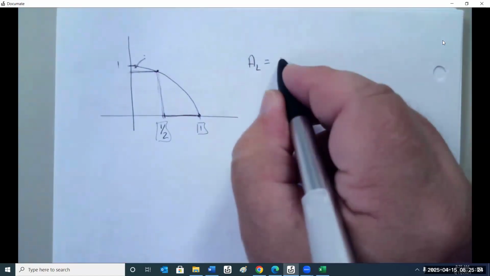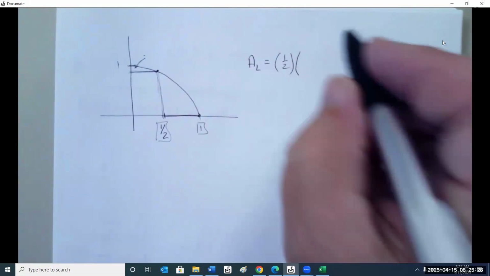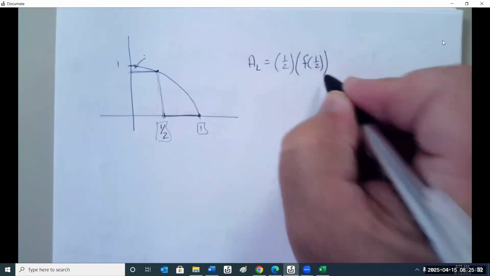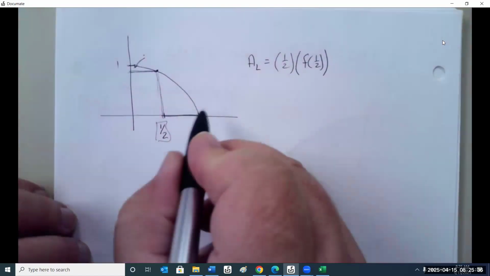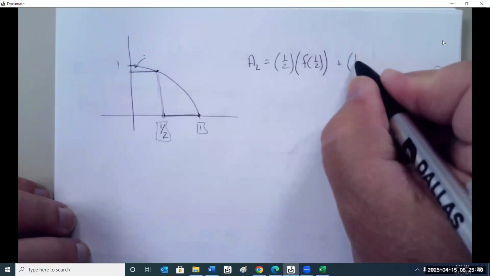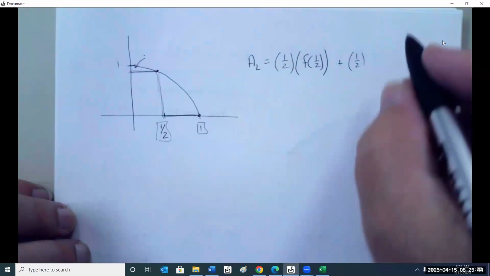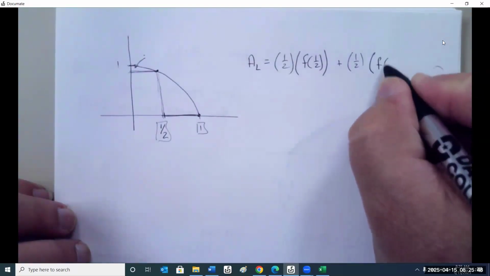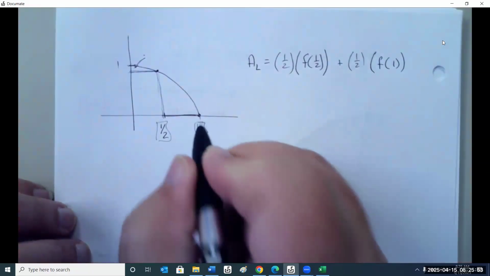That's our first one. So we have 1/2 and f of 1/2. That's this first area. Then we have to do the same thing with the other one. So we have the base is 1/2, and the height is f at 1, because we use this value.